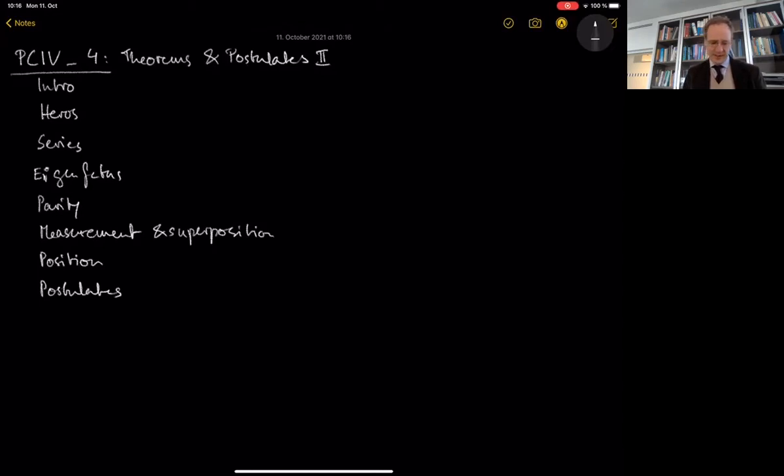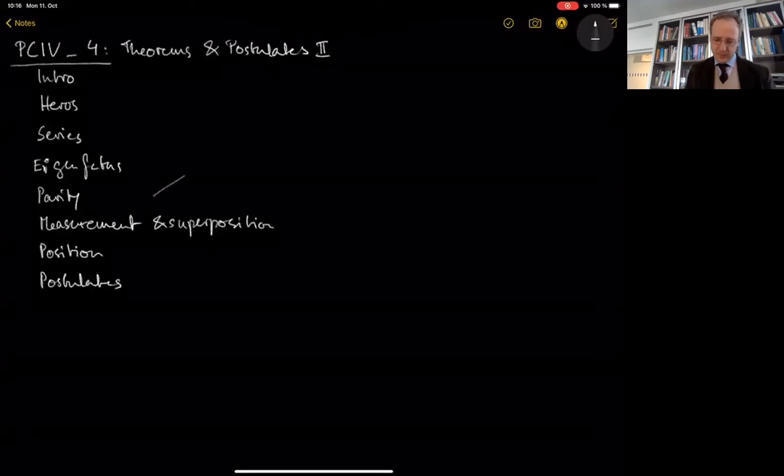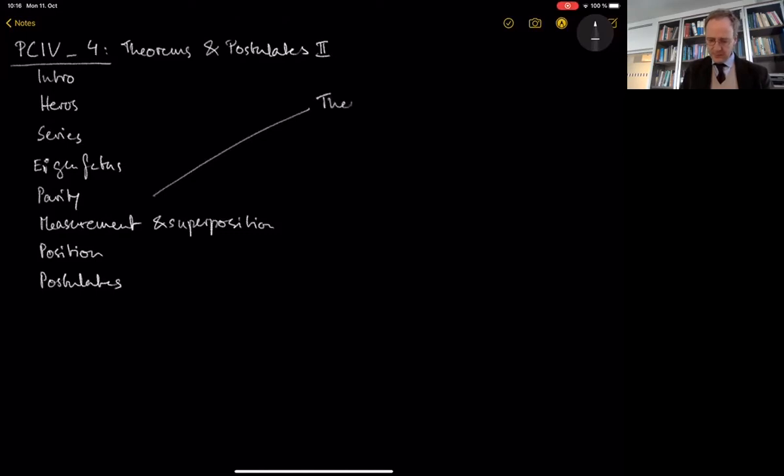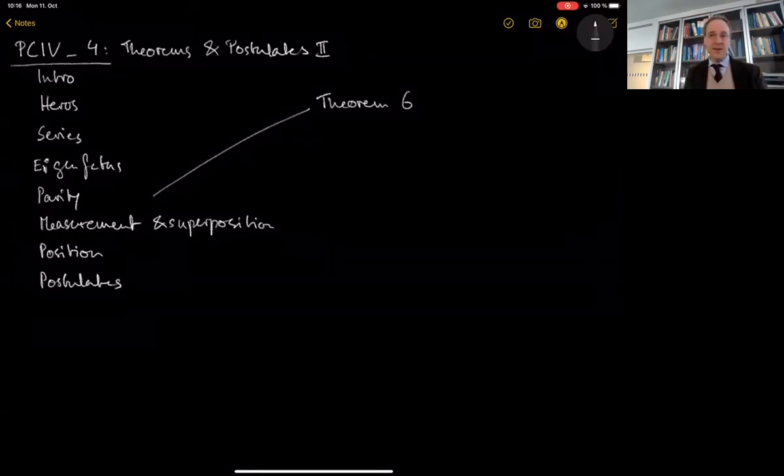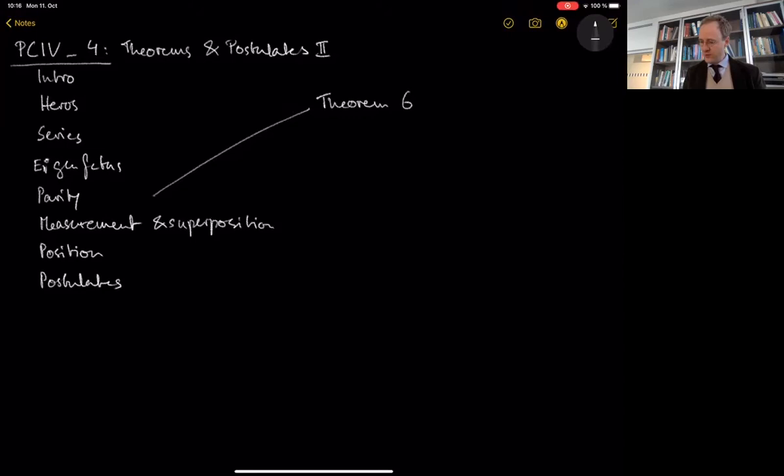In particular, we noted down our theorem number 6, based on the fact that things commute with the Hamiltonian.